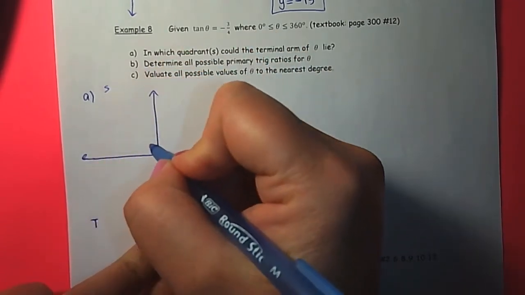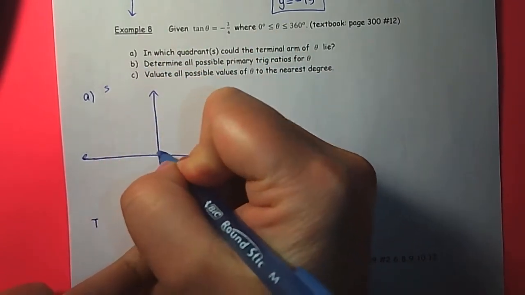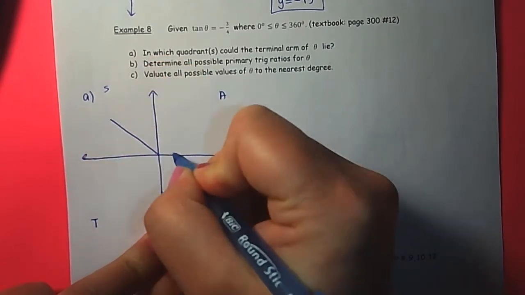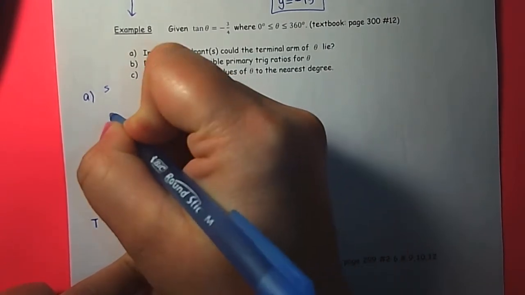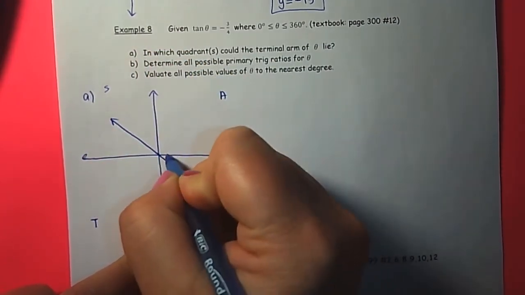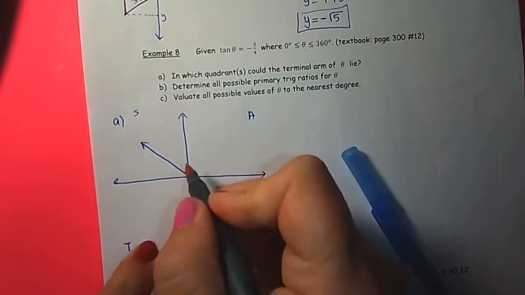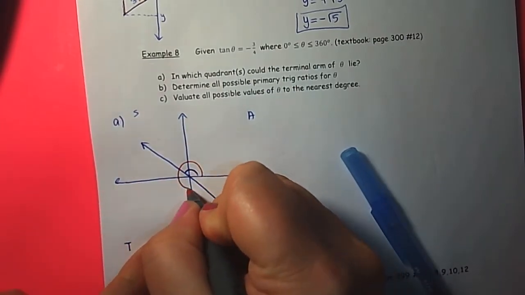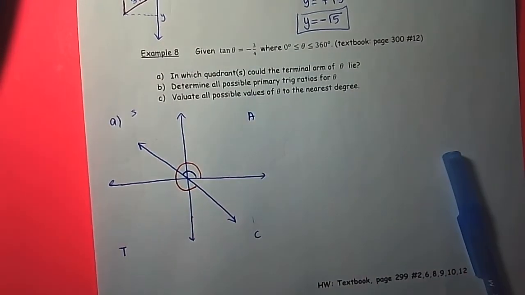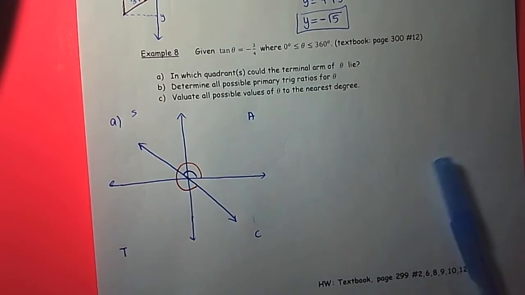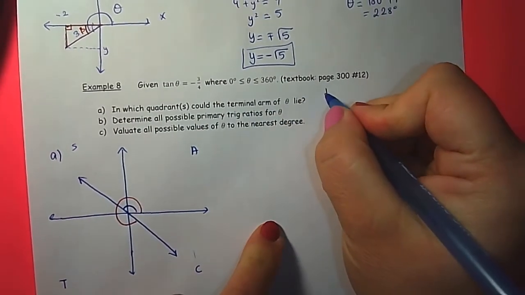So looks like tangent is negative in the second quadrant and also in the fourth quadrant. Okay, so we have two possible answers here, theta 1 and the other one in quadrant 4, theta 2.